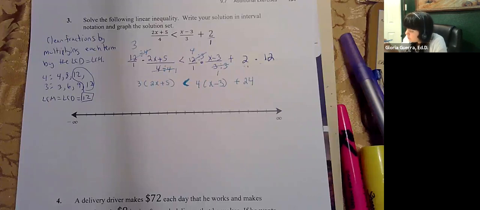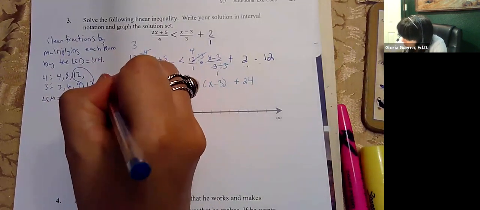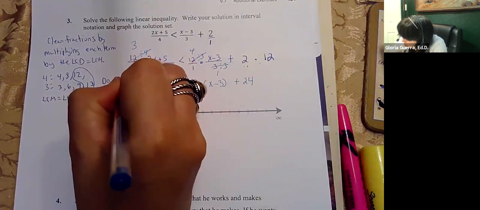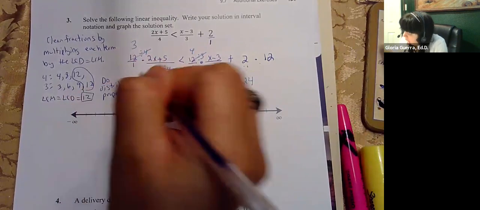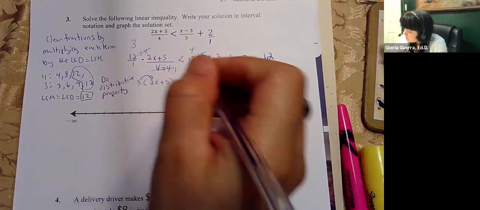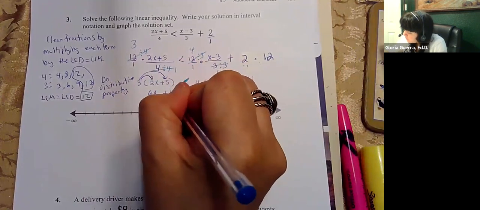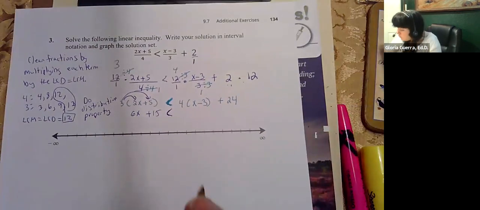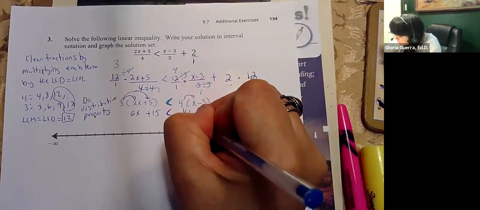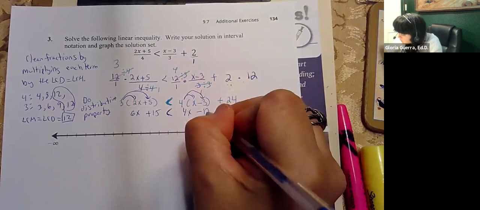Okay, everybody ready? So now we're going to do the distributive property. 3 times 2x is 6x. 3 times a positive 5 is 15, less than or equal to 4 times x, which is 4x. 4 times negative 3 is negative 12.